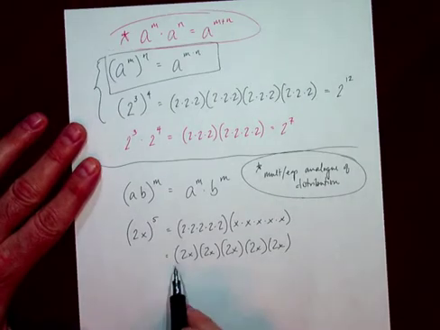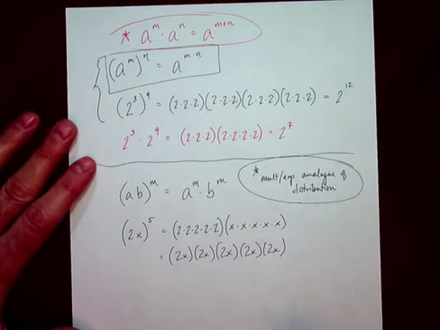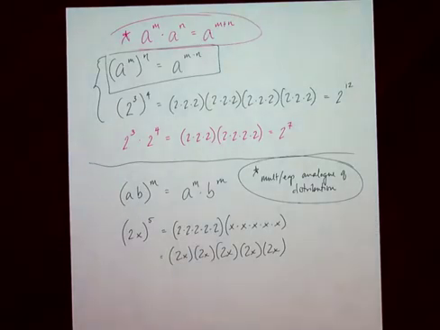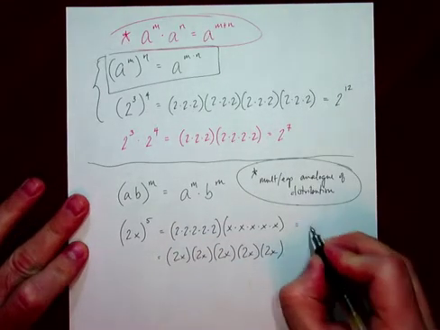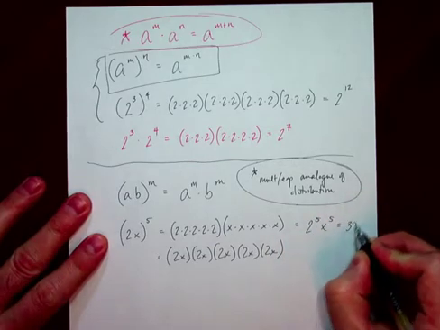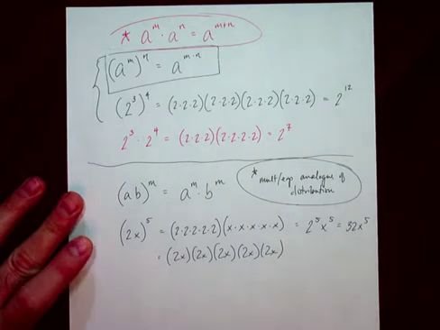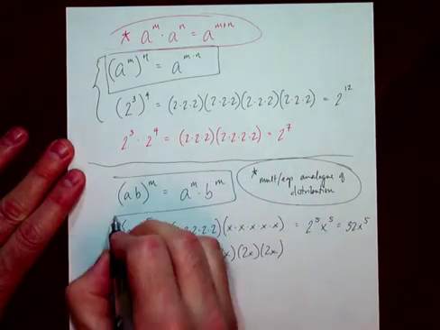But of course, all of these parentheses are just window dressing, right? They're simply performing the associative task. And by the associative and or commutative property, I can basically break down those parentheses and reorder them like this, and you're going to get 2 to the 5th, x to the 5th, which if we go ahead and evaluate, the 2 to the 5th is 32x to the 5th. Okay, so there's that one.